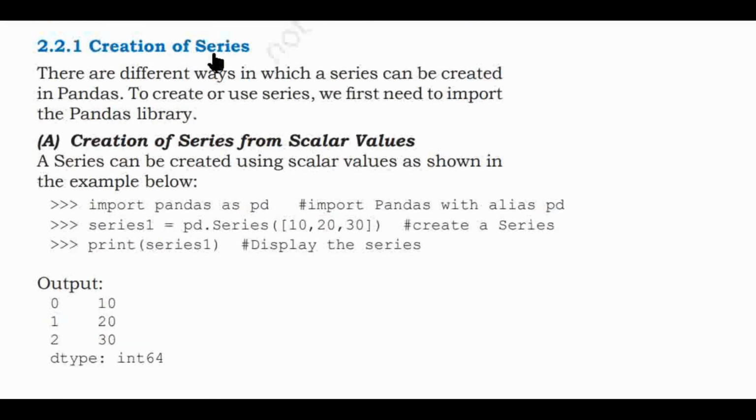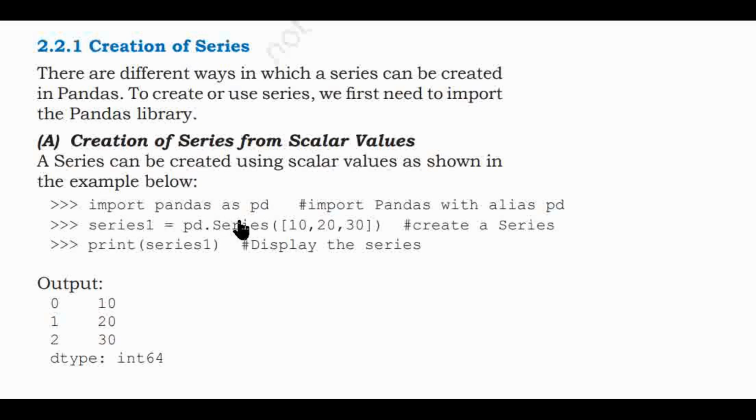Creation of series. There are different ways in which a series can be created in Pandas. To create or use series, we first need to import the Pandas library. Creation of series from scalar values. A series can be created using scalar values as shown in the example below.